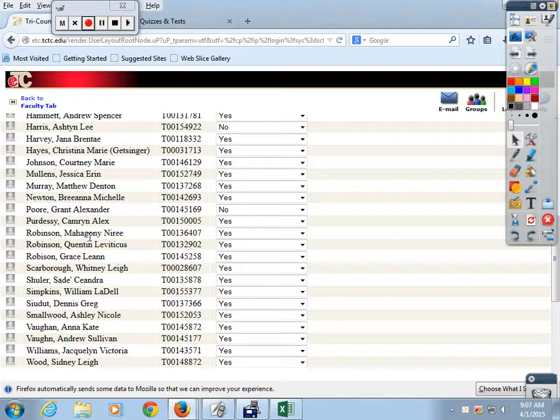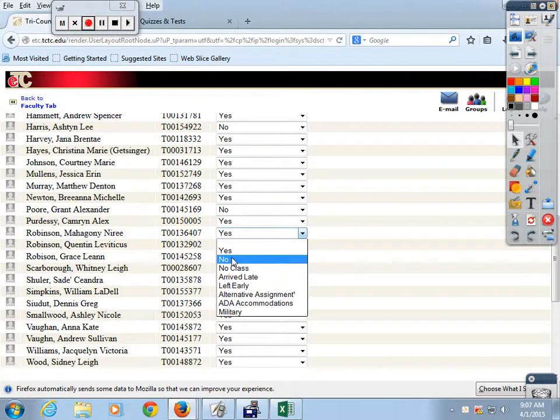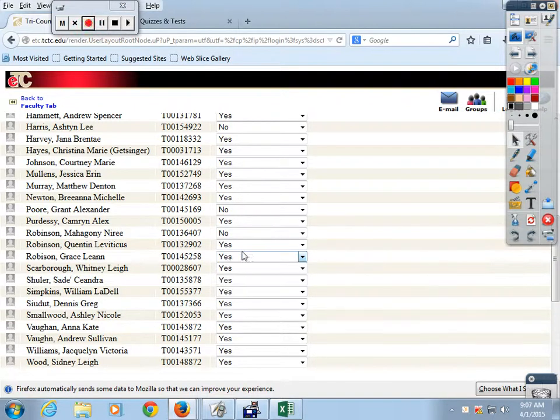Well, you need to see me after class. I need to check with you on some dates. Robinson, all three of them are here. No, got one missing. Little Robinson. Mahogany's not here. Right? I don't see her. Miss Scarborough is here. Schuler. Simpkins. I saw Dennis.